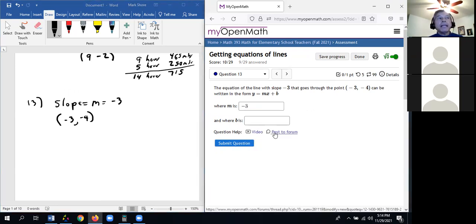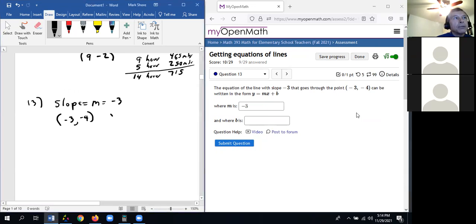Now, what's the B in the equation? So this is the one like we did earlier where you have to actually calculate the B. So right now we know this is the equation, right? It's going to be in the form y equals mx plus b. The m is -3, so it'd be y equals -3x plus b. How do we get the b? Substitute the -3 in for x and substitute the -4 in for y.